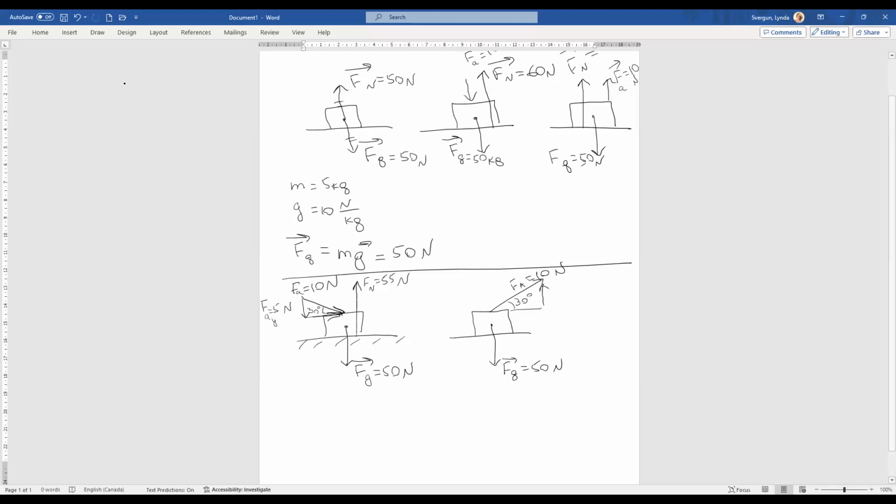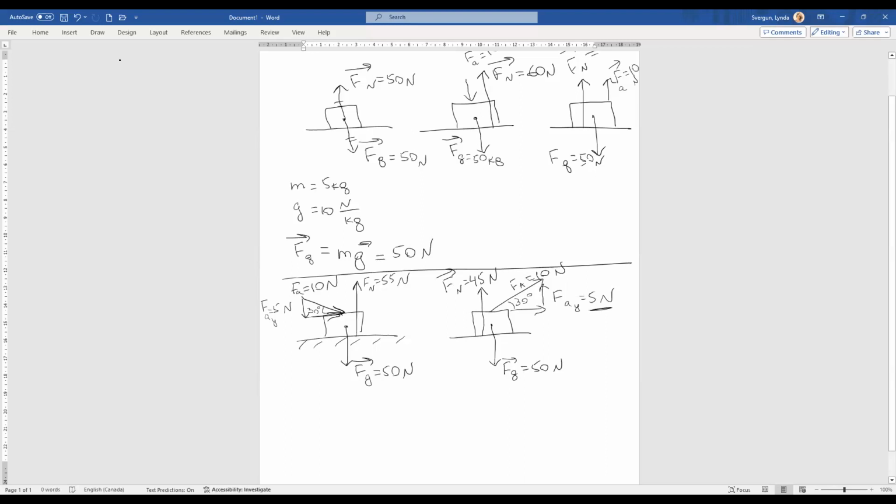So the vertical component of the applied force in the y direction will be 5 newtons up. We're not worried about the horizontal component. So now you have two forces in opposite directions. The resultant will be 50 minus 5, 45 newtons down. So the normal force will be 45 newtons in the vertical direction.